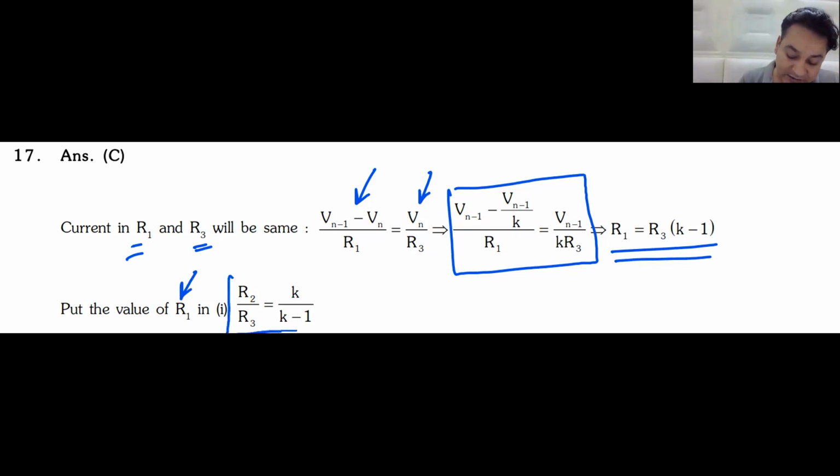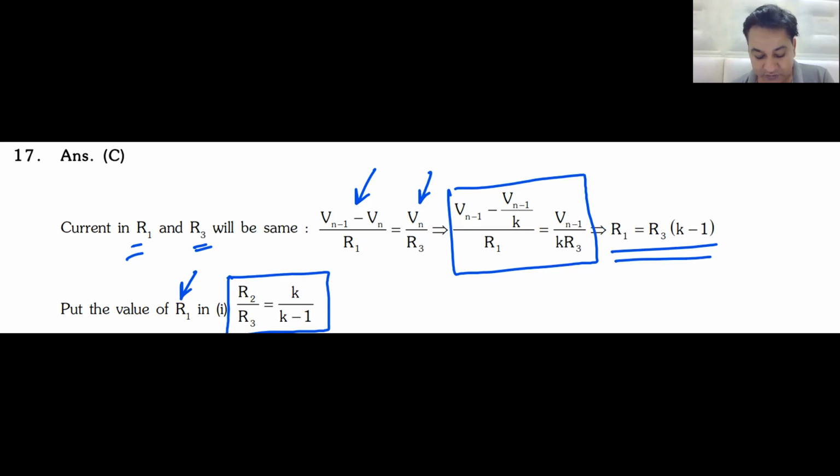From there you will get R2 in terms of R3. Do we understand this? Yes, sir. Any doubts, please ask. No, sir. Understood.